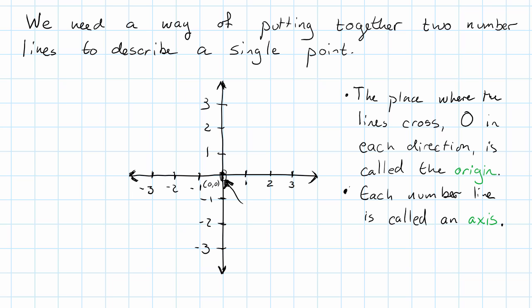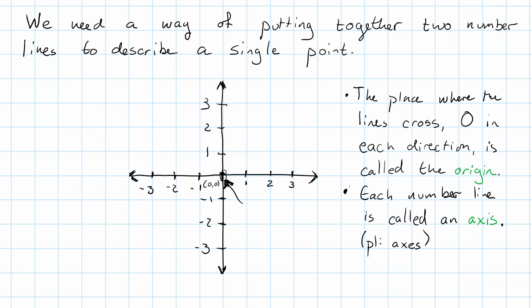We assign each of our axes, axes being the plural of axis, right? So if I refer to two axes, each one is an axis. Each of our axes will correspond to one of our variables.